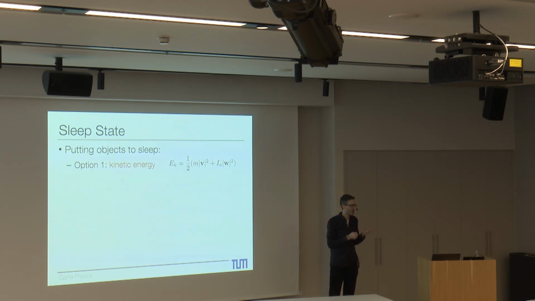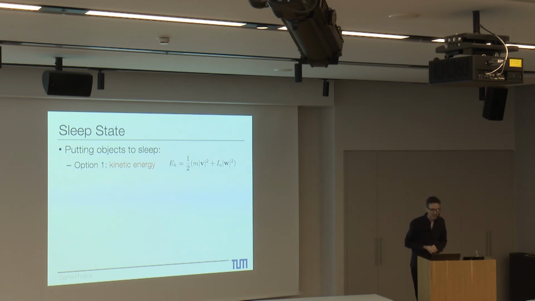We have both of our kinds of motion here, the linear and the angular parts. So we need to look at mass times linear velocity, or center of mass velocity squared, plus inertia tensor times angular velocity squared. That would be the kinetic energy of a body. And if that's small enough, right, it really would make sense to say this object is not moving at all.